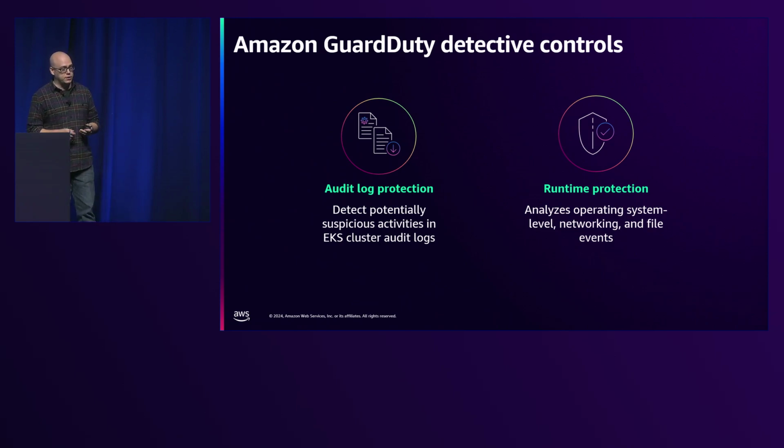Second is Amazon GuardDuty's detective controls with runtime protection. So Amazon GuardDuty also has an agent-based mode where they will deploy through EKS add-ons an agent onto every host to look for known attack patterns, whether that's through file changes or other known heuristics on the node, to look for malicious attack patterns that wouldn't show up in the Kubernetes audit log, but could be seen in, say, the Linux audit log.